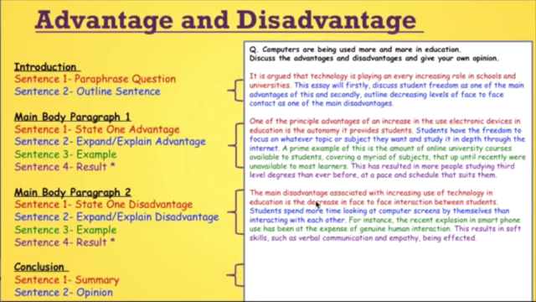So you say the disadvantage is the decrease of face-to-face interaction, and then you expand it by saying that students are spending more time at computers than interacting with people. And then you give an example. For instance, the smartphone is recently replacing genuine interaction, and then you give the result of this.